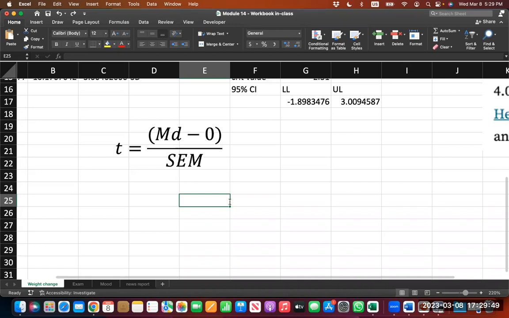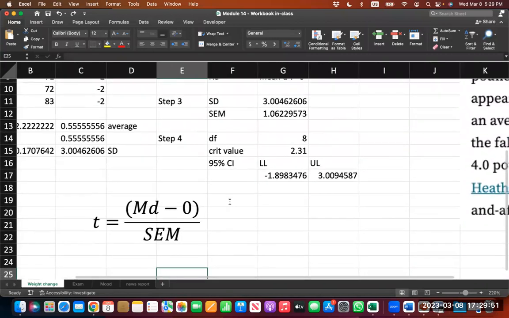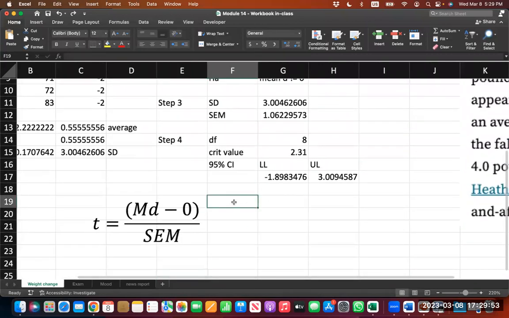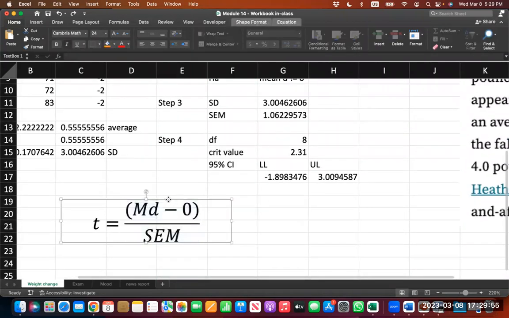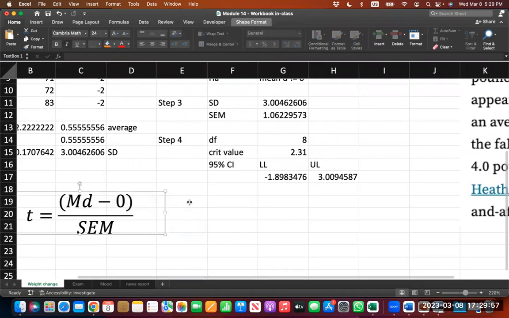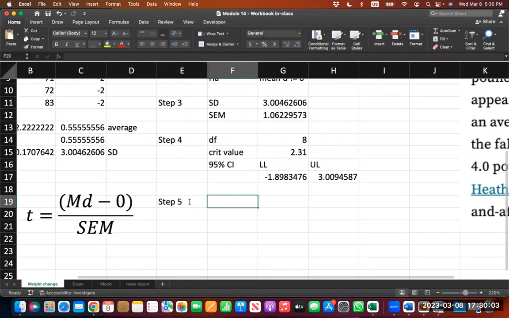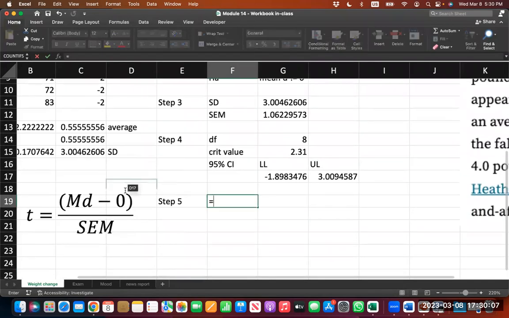But back to the freshman 15, let's assume that there was no weight gain during that period in university during the first year. And that seems to be correct based on this null hypothesis. So we're calculating now our difference minus 0 divided by our standard error of the mean.